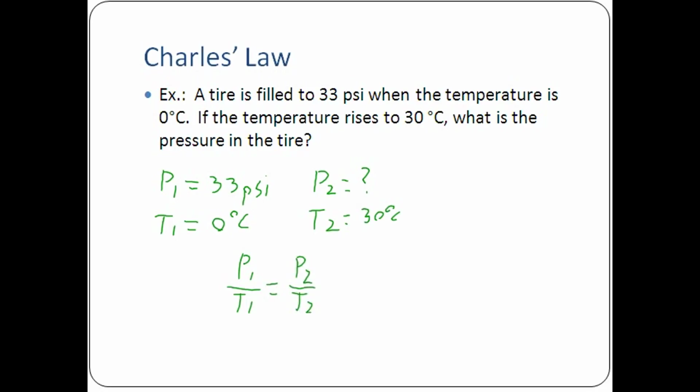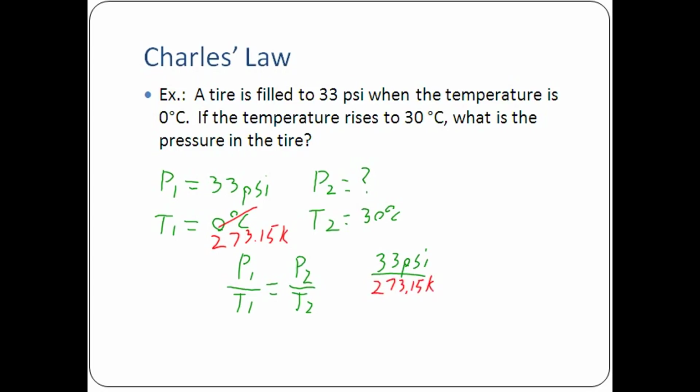And so the original pressure in this case is 33 psi over the original temperature, but the original temperature is in Celsius, so once again we can't use that. We'll have to convert. So we add 273.15 to 0, get 273.15 Kelvin.